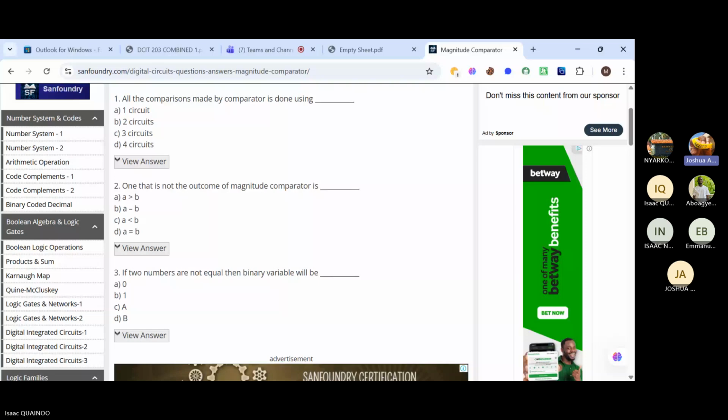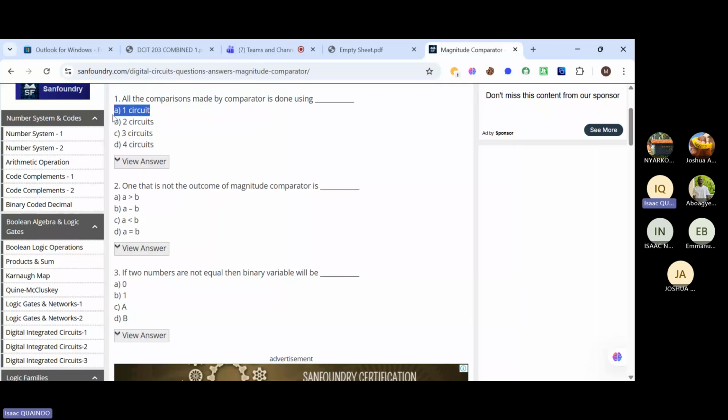Someone is going for 1 circuit. Is anyone with another? All right, so 1 circuit is correct because you're only comparing A to B. So you only need 1 circuit to compare our A to B. So let's go to the next.